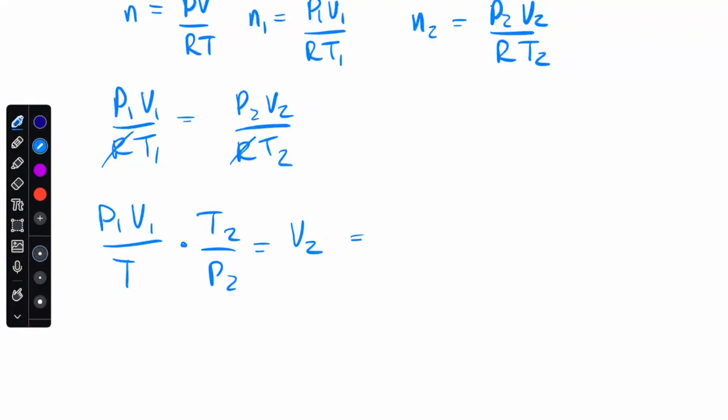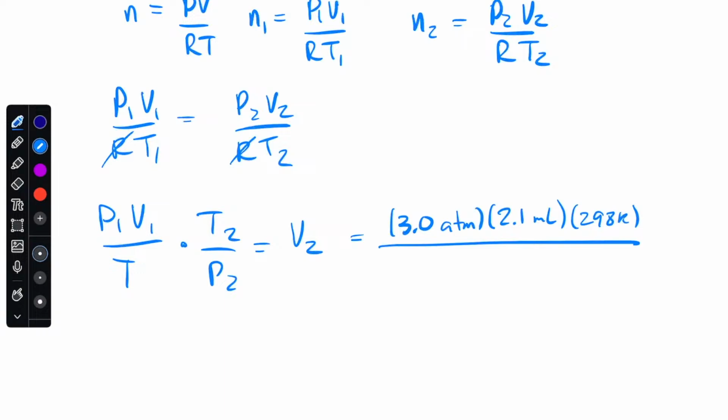And we stick our numbers in. We get P1, which is 3.0 atmospheres. V1 is 2.1 milliliters. Our T2 is 298 Kelvin. Our T1 is 277 K. And our P2 is 0.95 atmospheres.